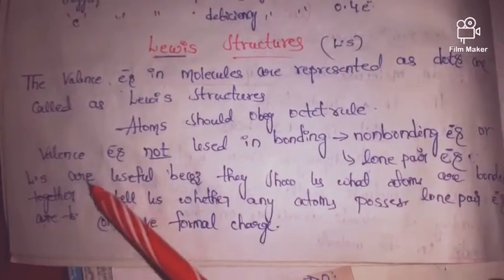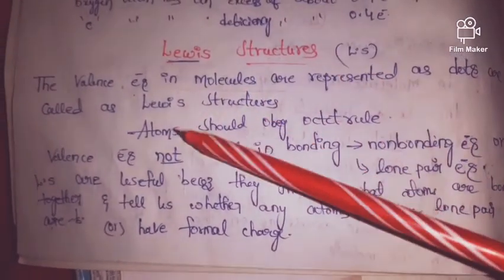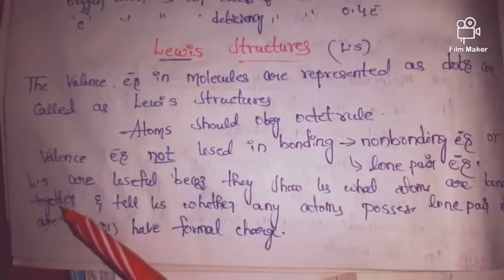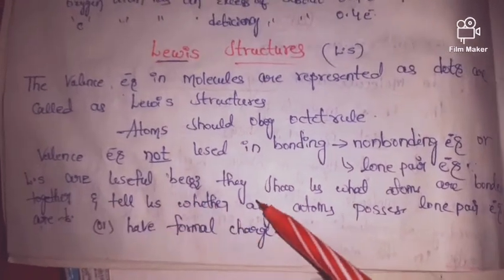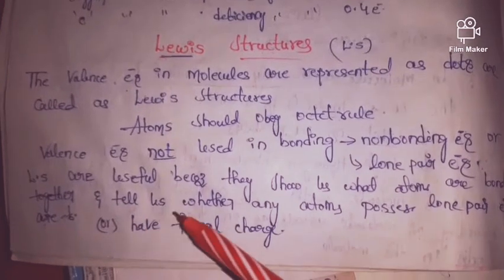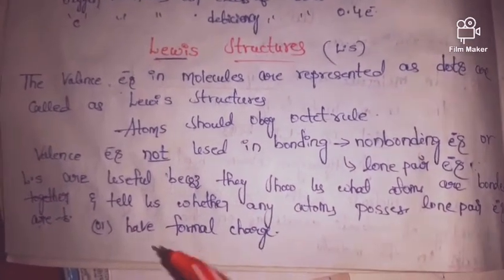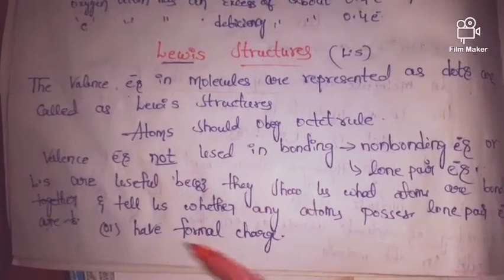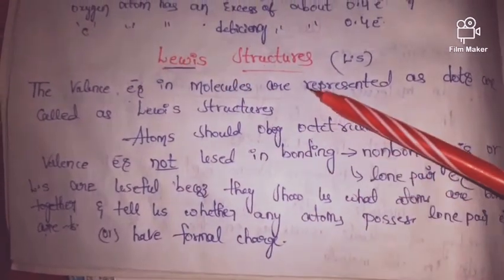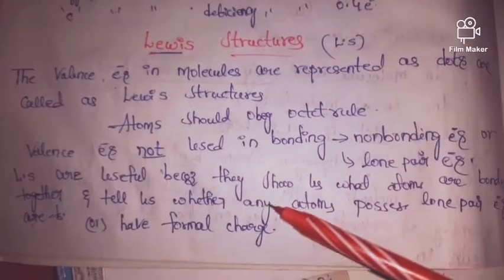These are the uses of Lewis structures. Lewis structures are useful because they show us what atoms are bonded together and tell us whether any atoms possess lone pairs of electrons or have a formal charge. If we observe the Lewis structure, we will come to know these three points.